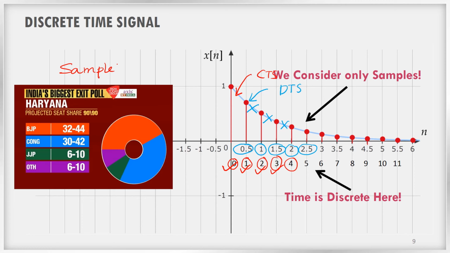The same thing is happening here. Since we cannot store the continuous time signal on a computer, we will take only the samples at some particular time instances to represent the signal, and these signals are known as discrete time signals. I hope it is clear. I hope you understand the concept of continuous time signal and discrete time signal.